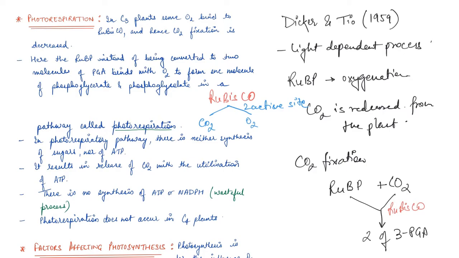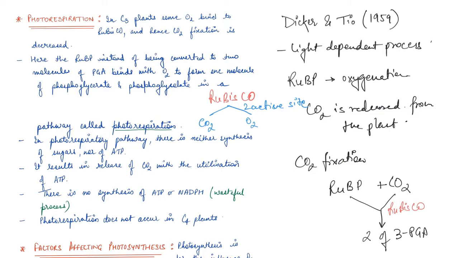Now normally, RuBisCO has a much greater affinity for carbon dioxide when carbon dioxide and oxygen are both equally present. So it will always prefer binding to carbon dioxide, right?